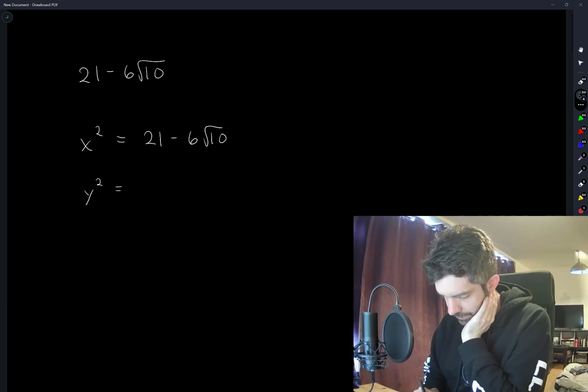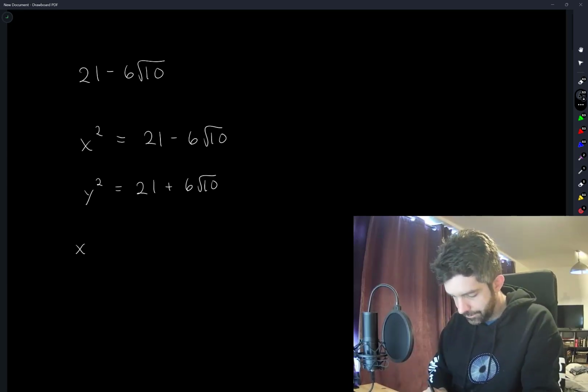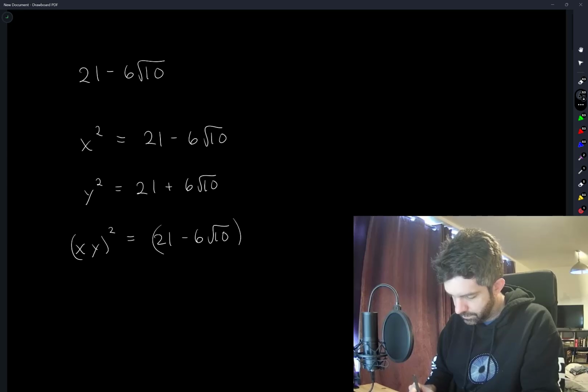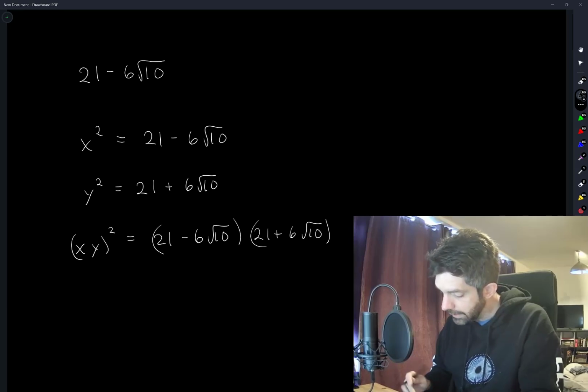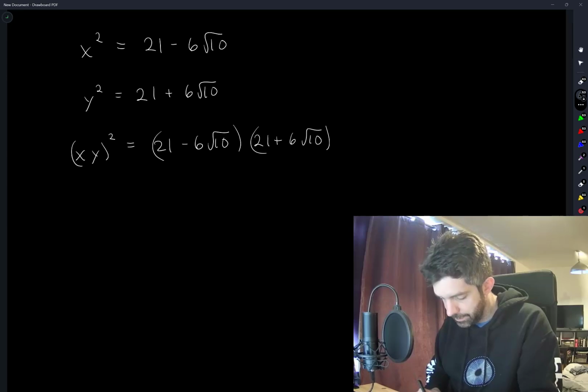So for example, if I consider y squared is equal to 21 plus 6 root 10, maybe I multiply these together, and I have (xy) squared. I don't know if this is going to lead to anything, but I'm just messing around here to see what could happen.